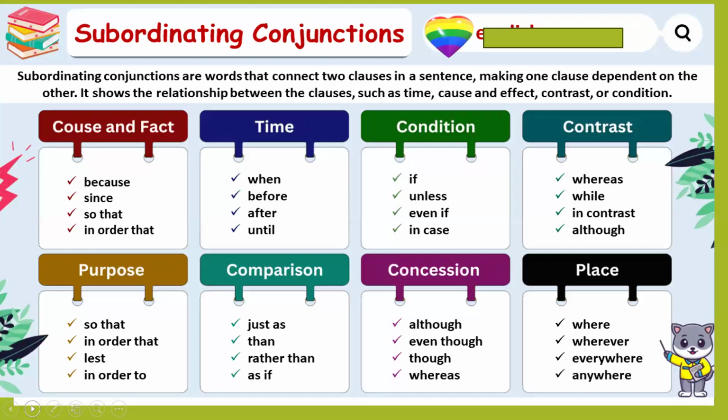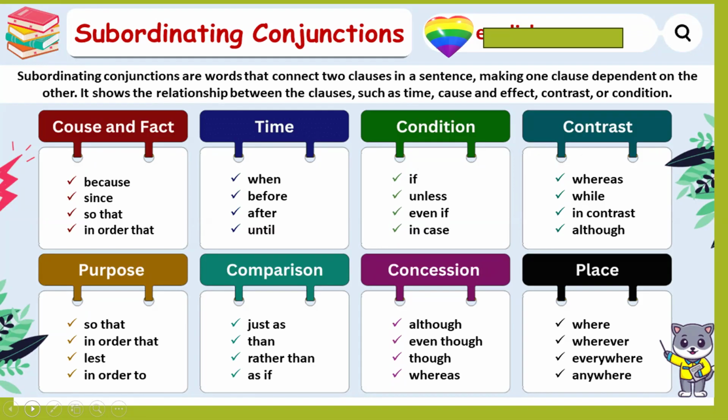Subordinative conjunctions, which we will learn in the next video, are words that connect two clauses in a sentence, making one clause dependent on the other. They show relationships between clauses such as time, cause and effect, contrast, condition, comparison, purpose, concession, and place.